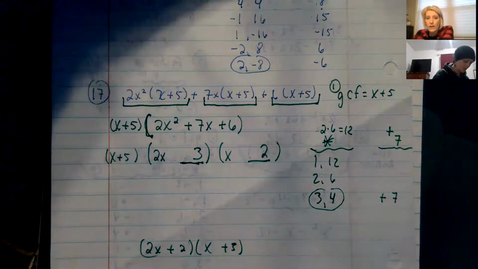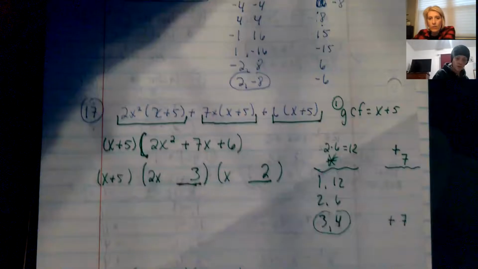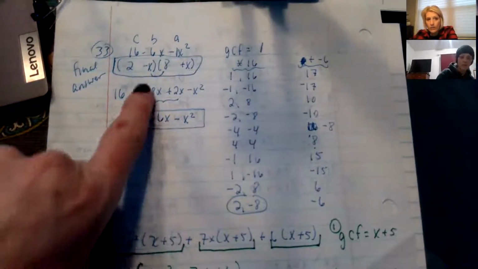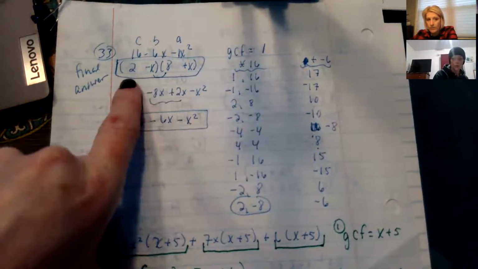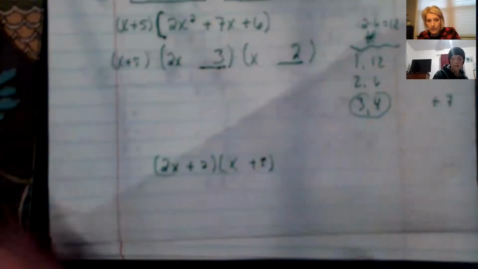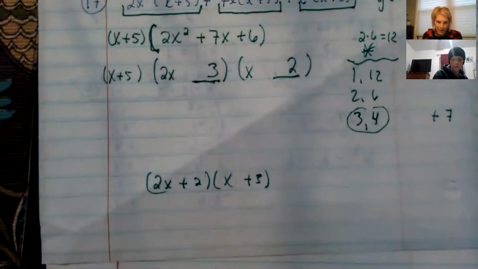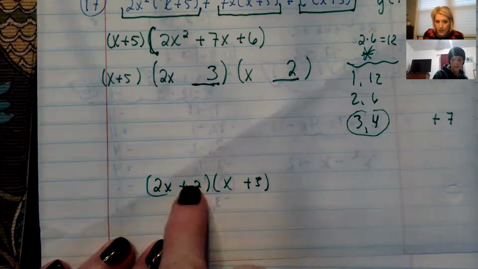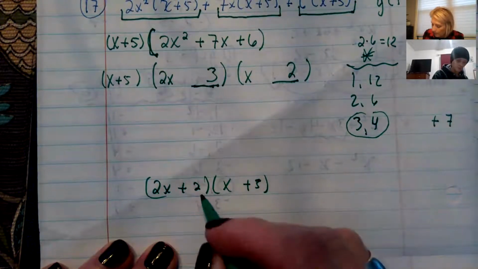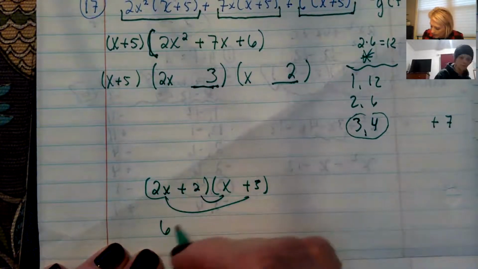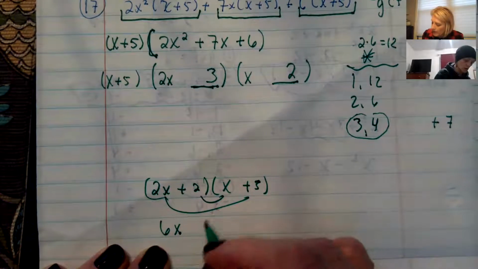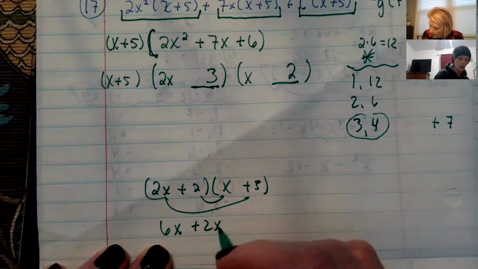So I'm going to show you down at the bottom. The ones up here at the top, we could have flipped those around and it wouldn't have mattered. I'm going to show you why down here it does matter. Let's say I put the 2 here and the 3 here. If I multiply these, I'm going to get 6x and a 2x.